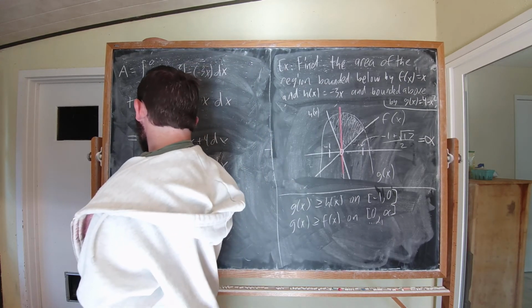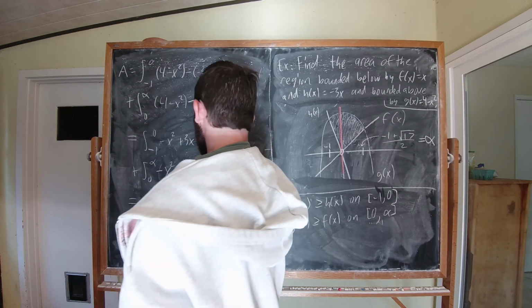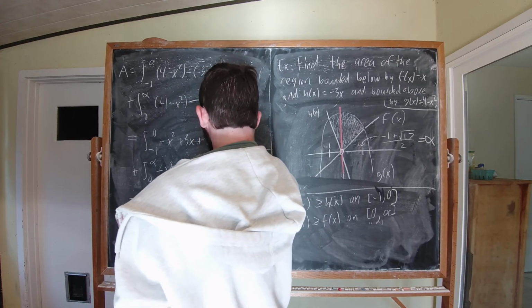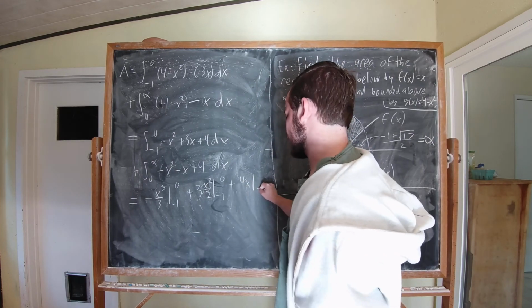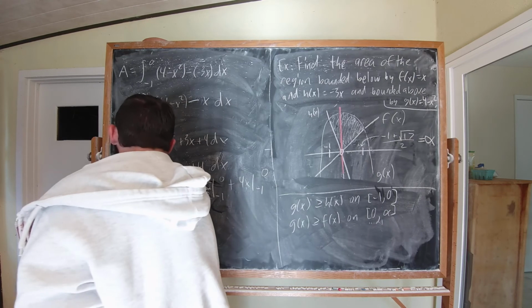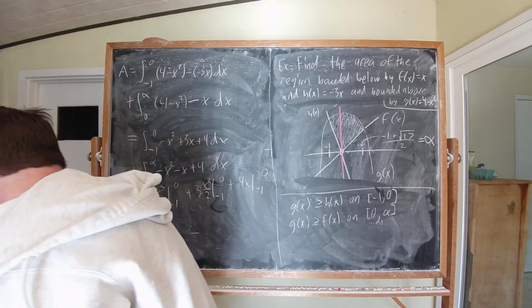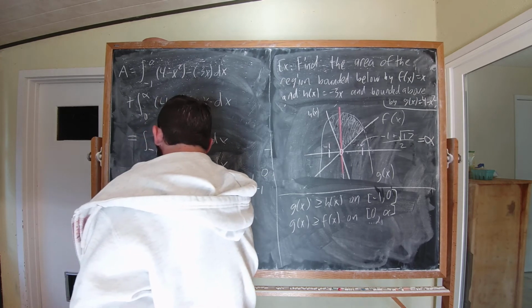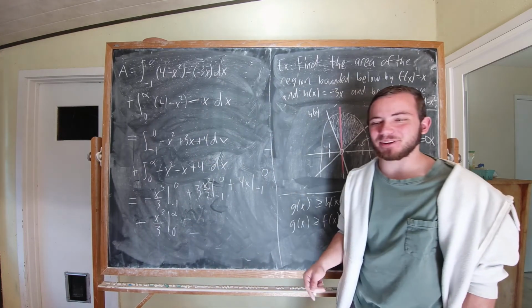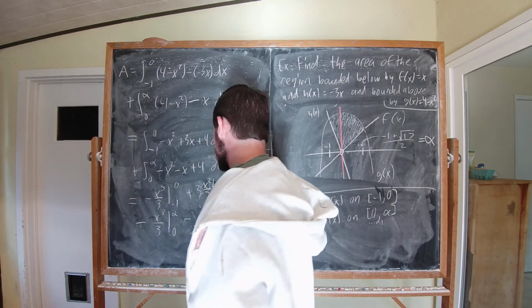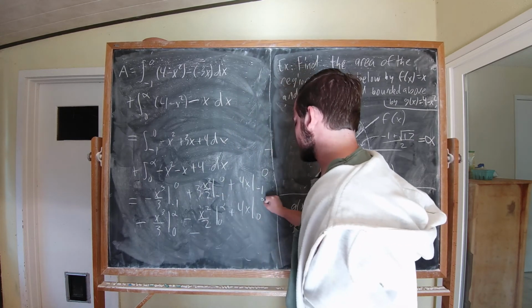Put that all together, you get -x cubed over 3 from -1 to 0 plus 3x squared over 2 going from -1 to 0 plus 4x going from -1 to 0 plus, well, minus x cubed over 3 going from 0 to alpha plus, goodness gracious, falling apart in this last example here, minus x squared over 2 going from 0 to alpha plus 4x going from 0 to alpha.